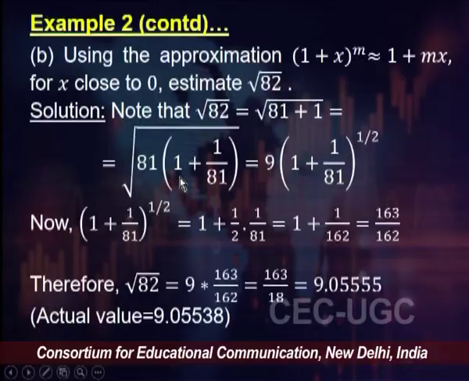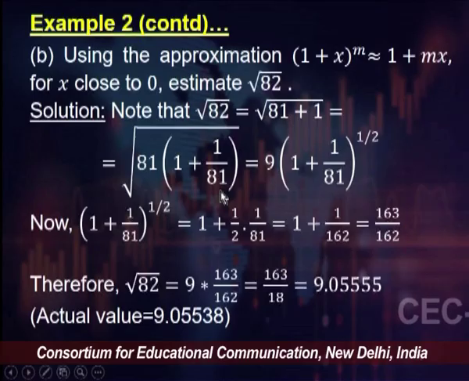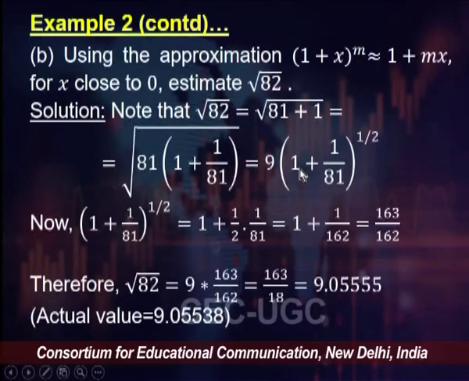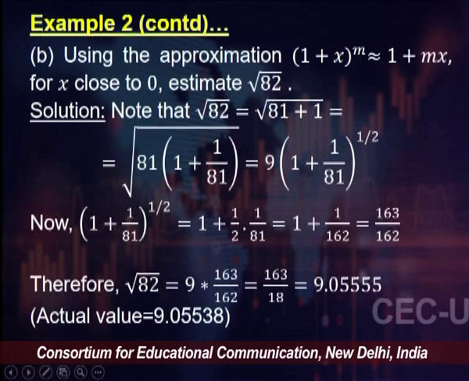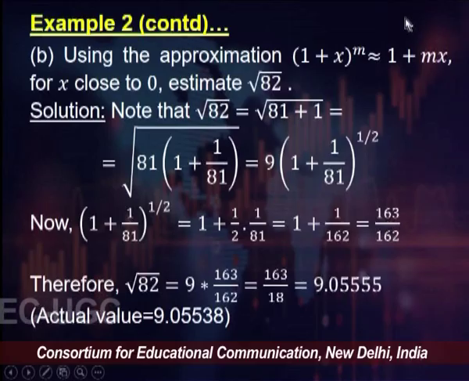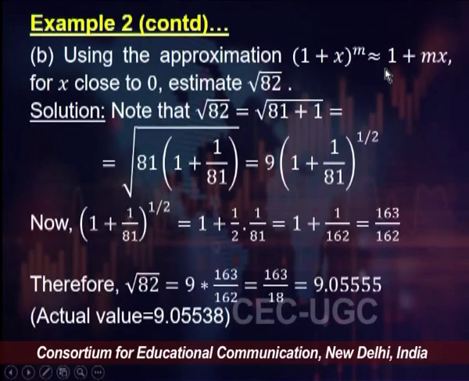Which is that when I take 81 common under the square root sign, I get 1 plus 1 by 81 in brackets. Now, because we know square root of 81 is 9, that I can take out of the under root sign. So, I get 9 times 1 plus 1 by 81 to the power half. For this calculation, we can easily use the formula 1 plus x to the power m approximately equal to 1 plus mx.